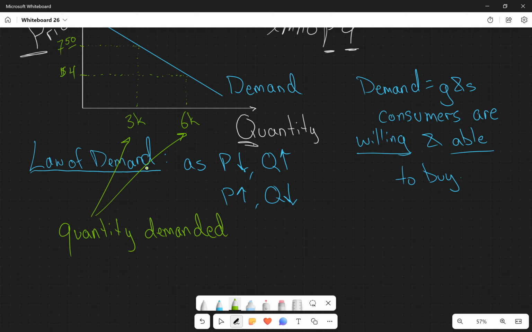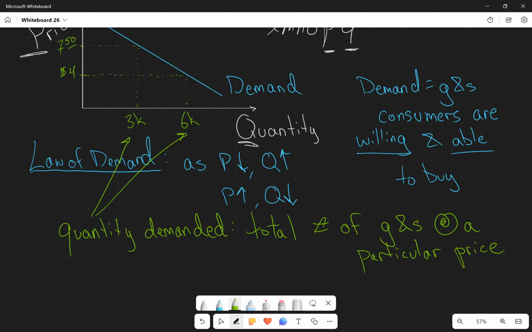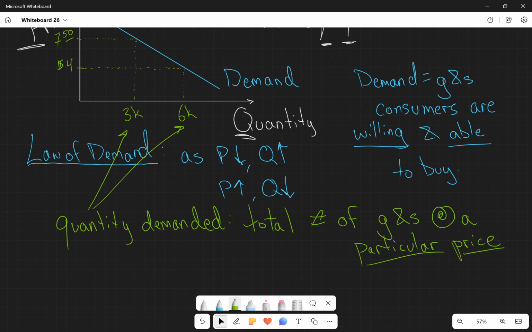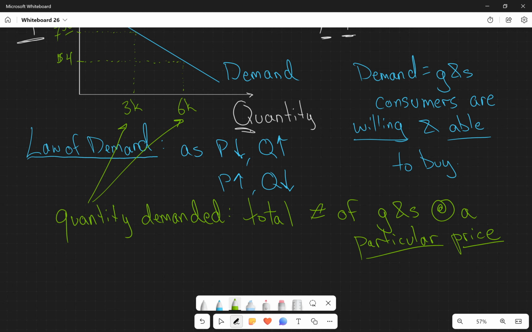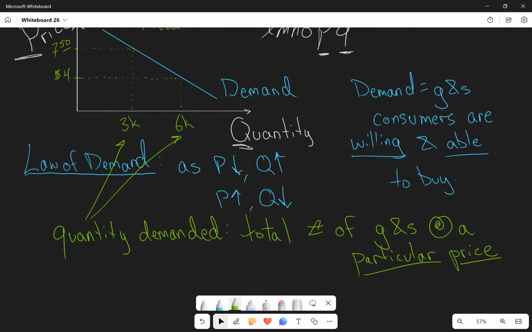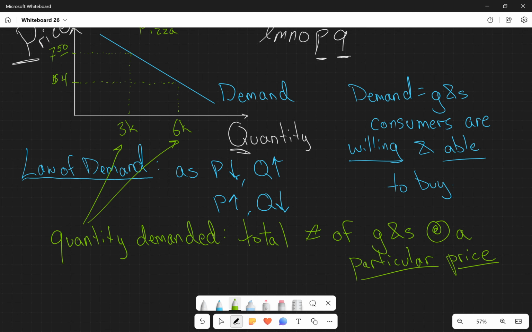A quantity demanded is just the total number of units of a good or service that consumers are willing to purchase at a particular price. At, and this is the important part, a particular price. So a quantity demanded is a point estimate, right? It's like at $4, there's 6,000 quantity demanded. At $7.50, there's 3,000 quantity demanded.